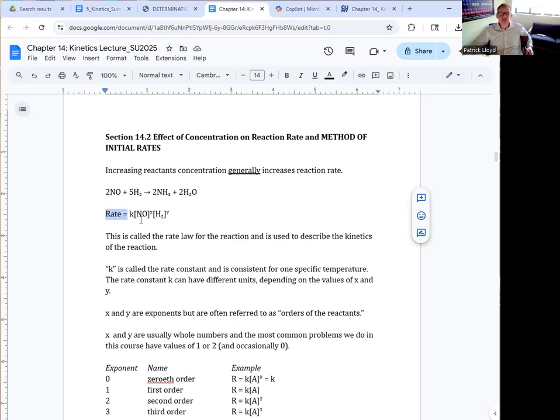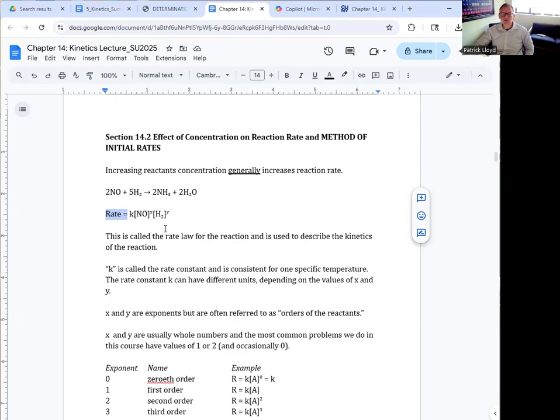times the concentration of the first reactant raised to some exponent, times the concentration of the second reactant raised to a different exponent. Notice for this reaction, there are two reactants, NO and H2. So in the rate law, there are two materials, two reactants, using bracket notation. Of course, the bracket notation refers to molar concentration.